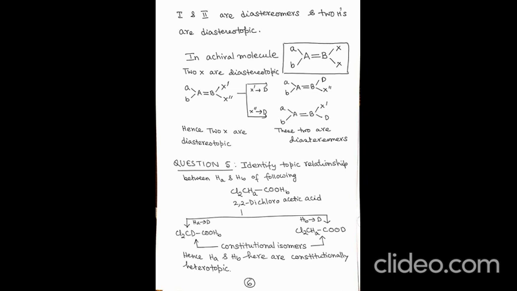Now it is very clear that HA is attached to the carbon and HB is attached to the oxygen. So therefore they will be constitutionally heterotopic, and the same thing can also be proved by replacing HA and HB by deuterium. After replacement we will get constitutional isomers. So therefore HA and HB of 2,2-dichloroacetic acid will be constitutionally heterotopic.